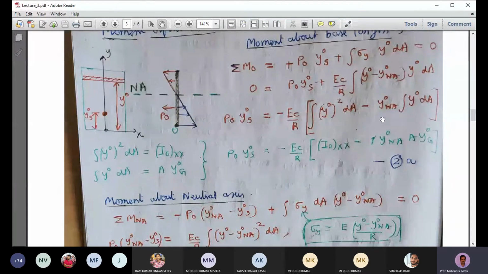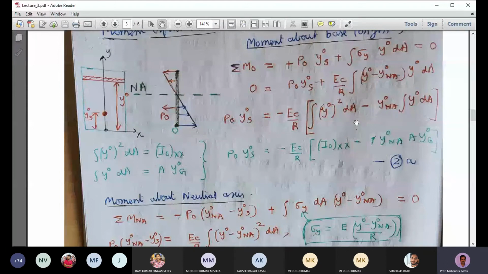Okay, so what do we have here? We have integral y naught square dA and integral y naught dA. So let's look at the area and see how we can simplify these 2 terms. y naught square dA means we are taking the moment of inertia of this small elemental area about this axis. So integral y naught square dA is I naught xx. Similarly, what is y naught dA?